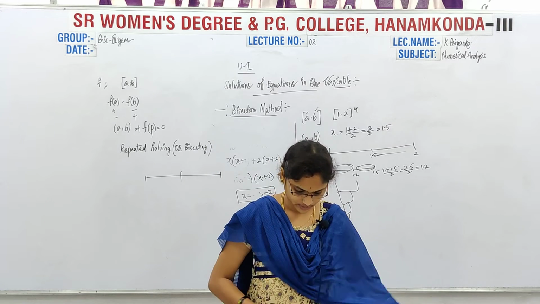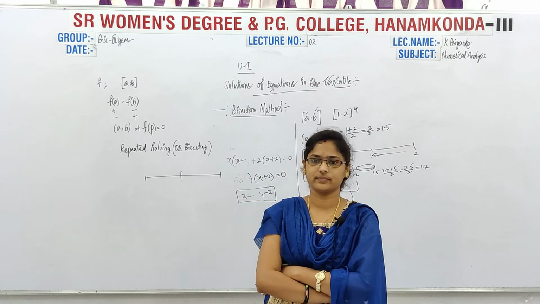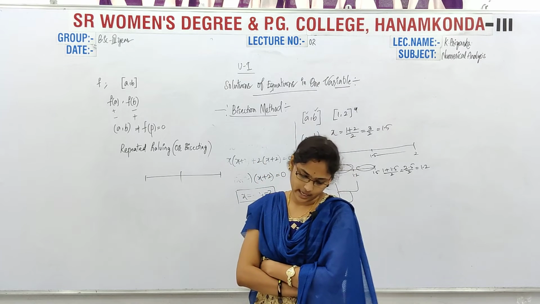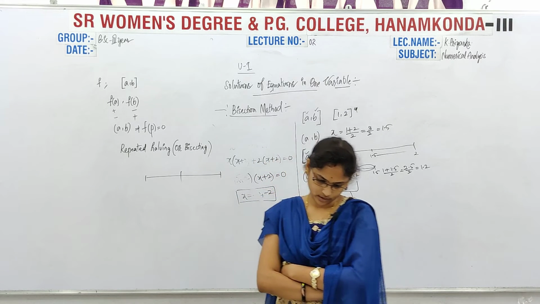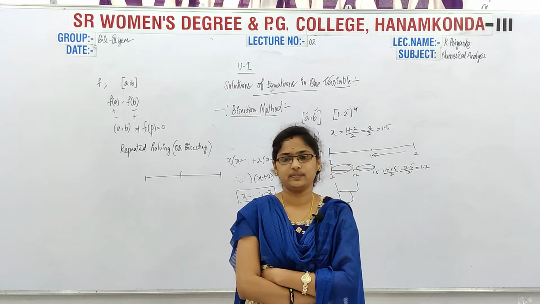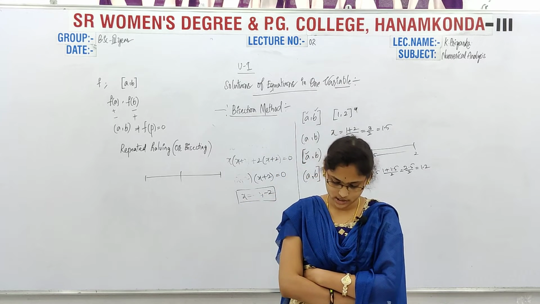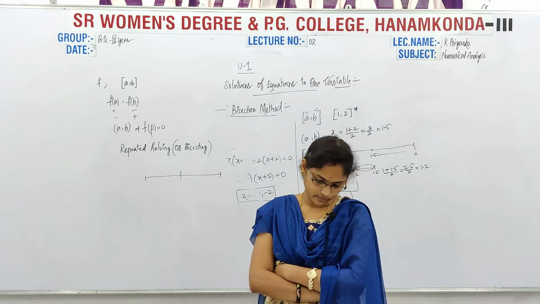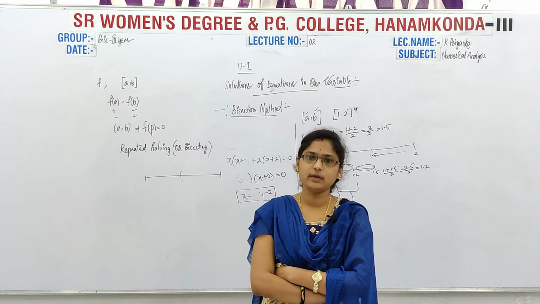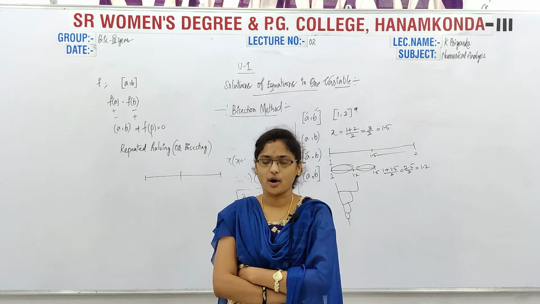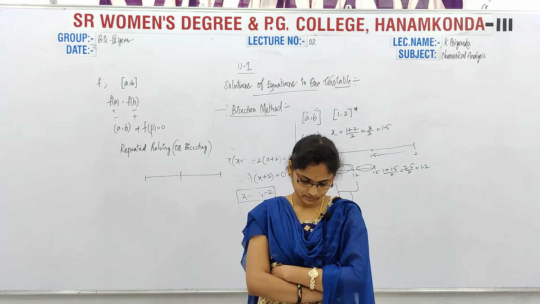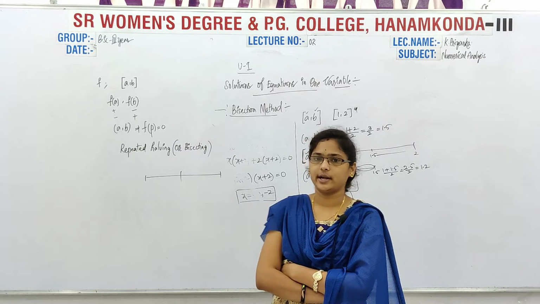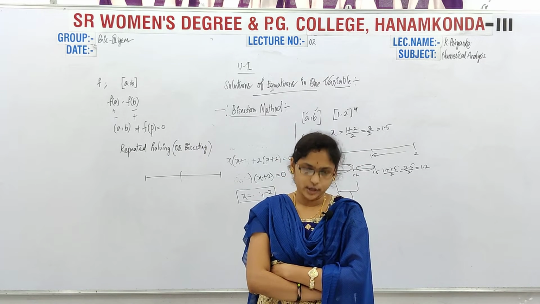Bisecting of subintervals of closed interval a comma b, and at each step locating the half containing p. Okay, next line, write on.